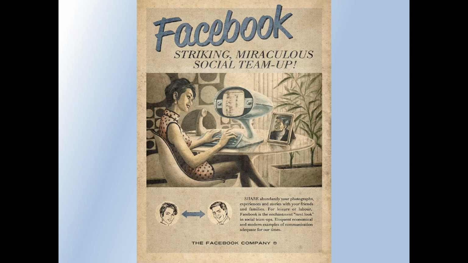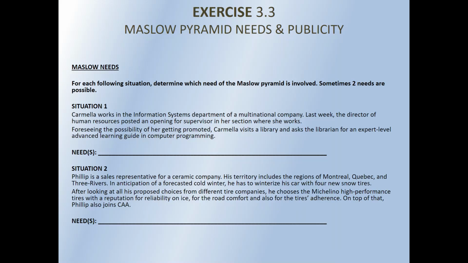Like I mentioned, this is very short, we're just looking at the actual needs. So this exercise that I will attach in Google Classroom is exercise 3.3, Maslow Pyramid Needs and Publicity. In the first part, for each following situation, determine which need of the Maslow pyramid is involved.